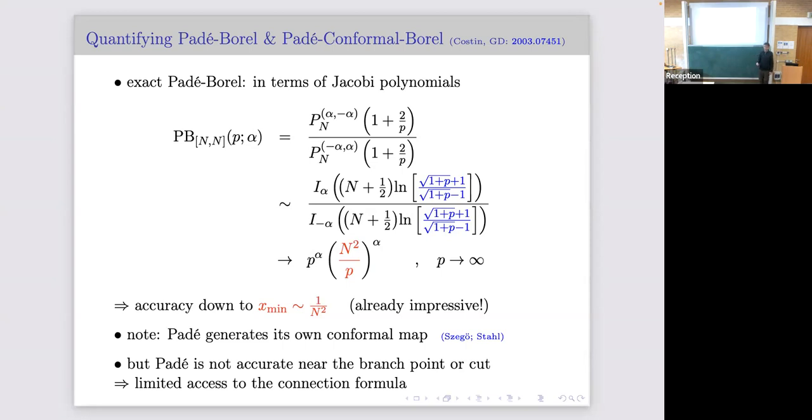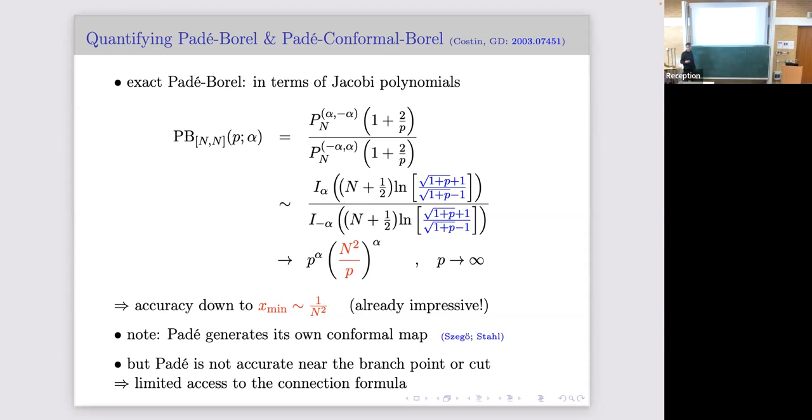Obvious. But if you're interested in a function that has a branch cut, in this case, then if it's just one branch cut, Padé will just put poles along a line accumulating to the branch point. And the density of those poles contains information about what type of branch point it is, an exponent, for example.